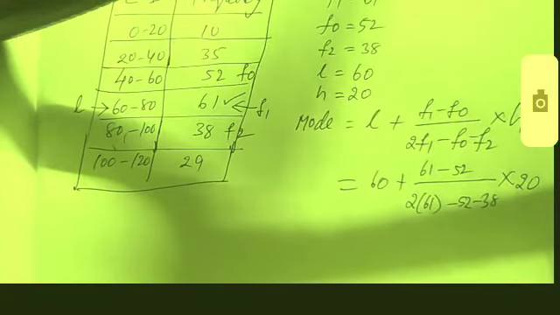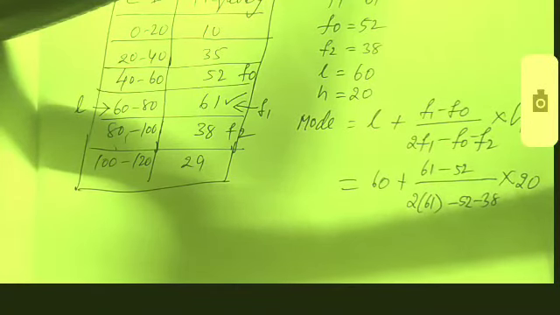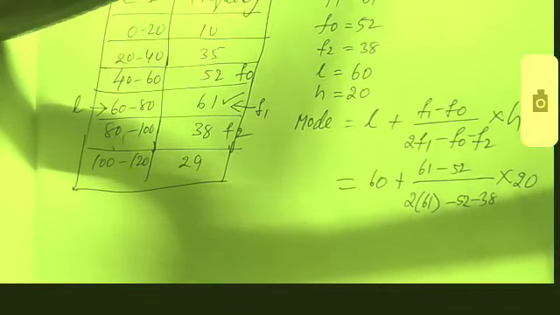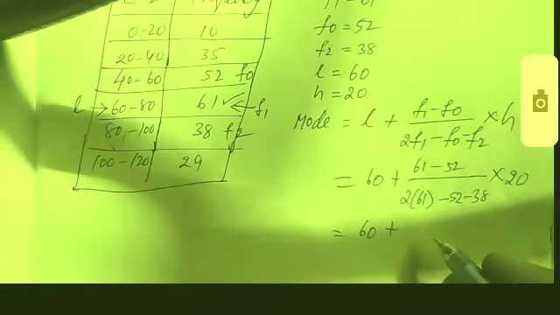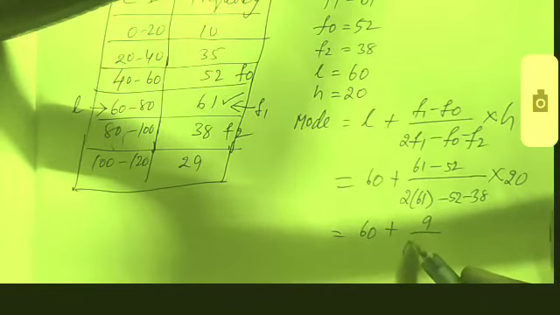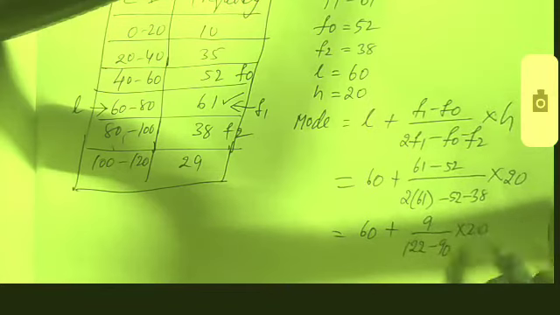Now on simplification: 60 plus 61 minus 52, 9, by 2 61s are 122, minus 90, that is 32, into 20.